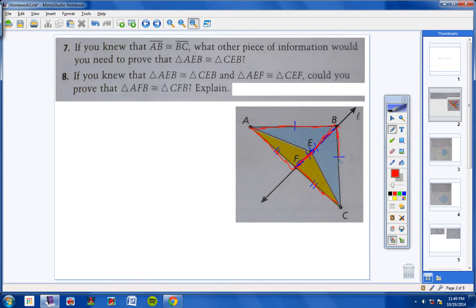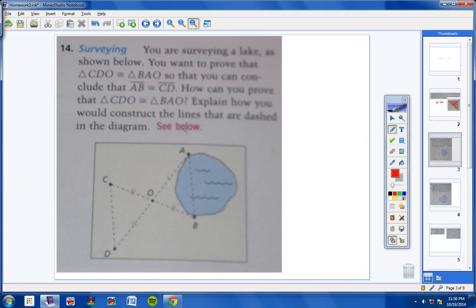I mean, look, we have one slash here, one slash here, two here, two here, and the two big triangles share this common side. So yes, it is possible, and the way you would use that would be side, side, side, okay? All right, moving on to number 14.